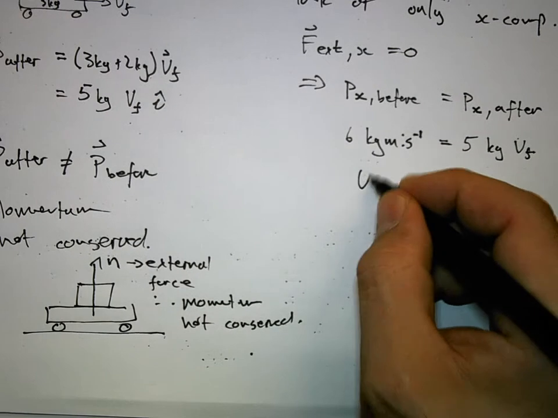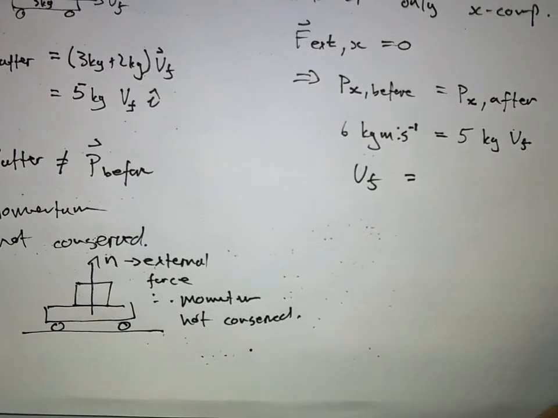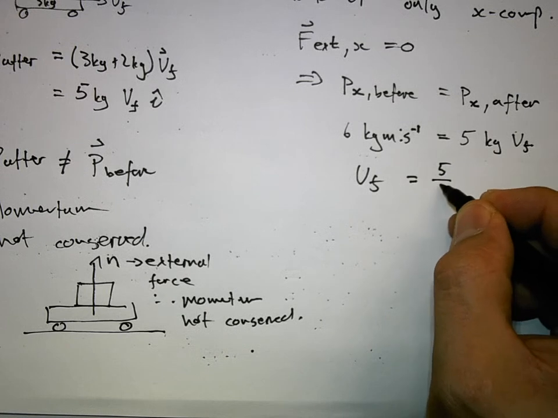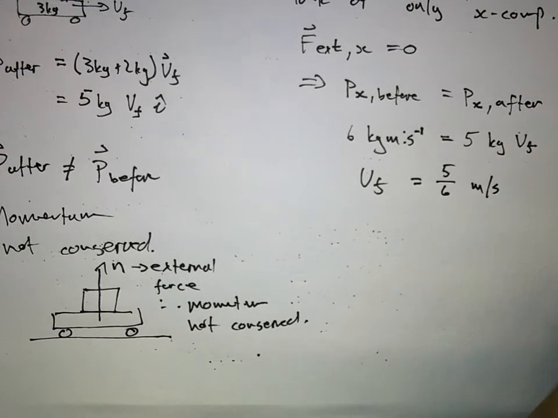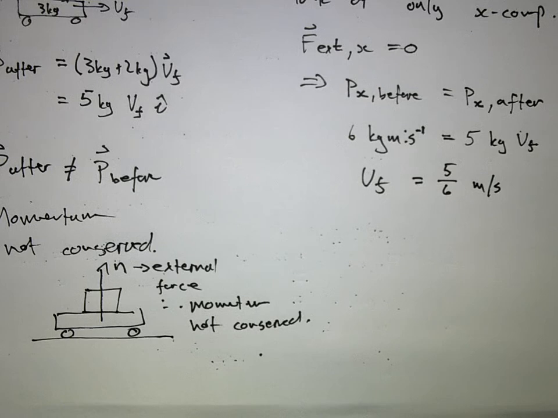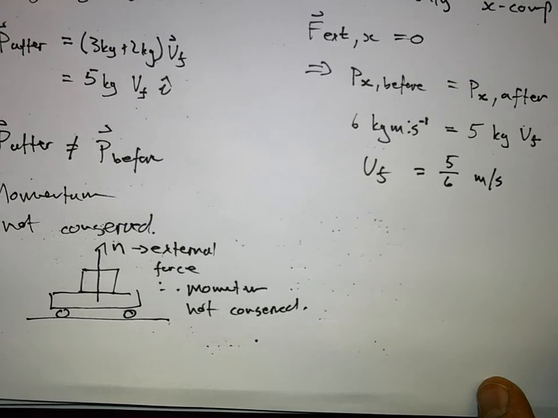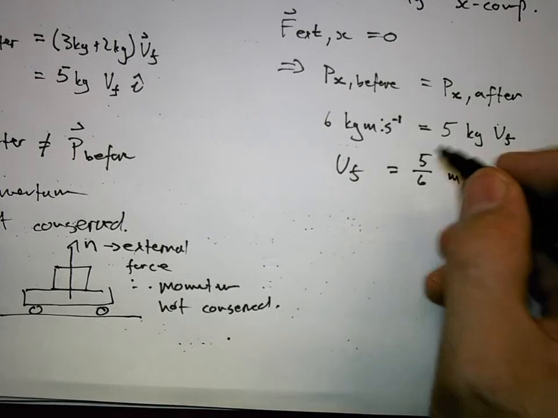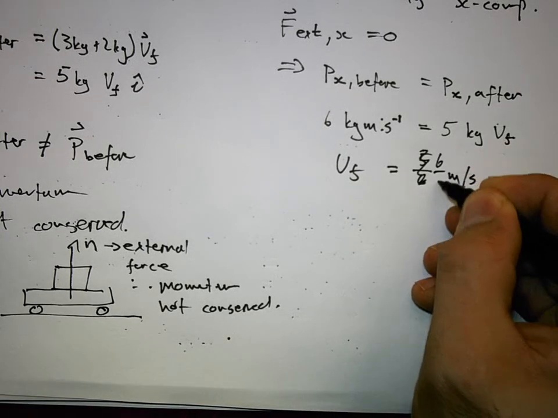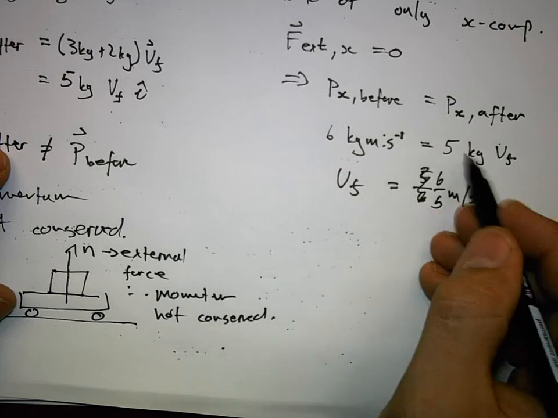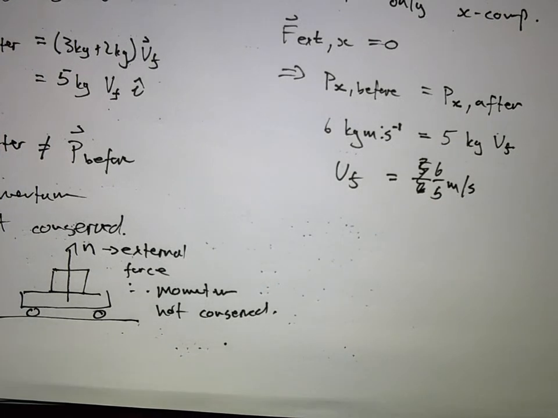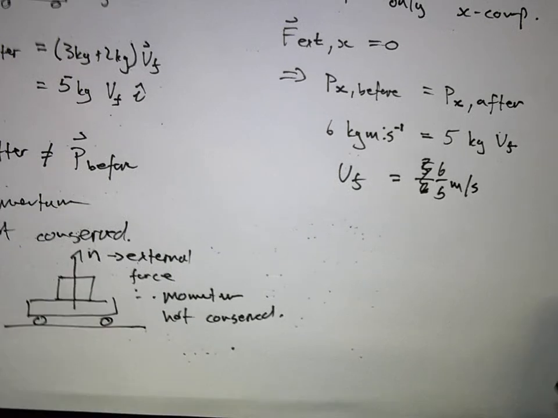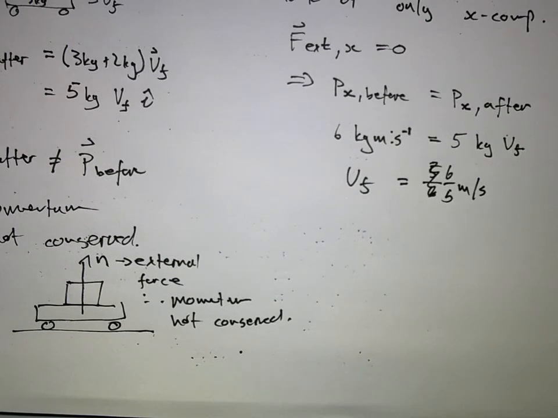So our final velocity in the x direction is just 6 over 5 meters per second, sorry, because you have to divide 6 by 5, and you can calculate that as a decimal number if you want, but that is your final answer. Right, so that is an example of how you can apply conservation of momentum to solve problems of motion.